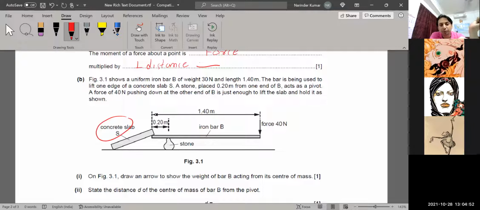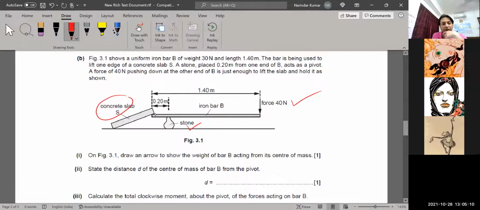A stone placed 0.20 meter away acts as a pivot. A force of 40 Newton on the right hand side is able to lift the slab and hold it as shown.